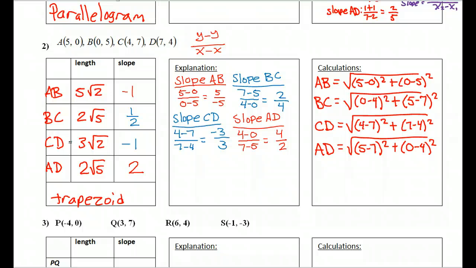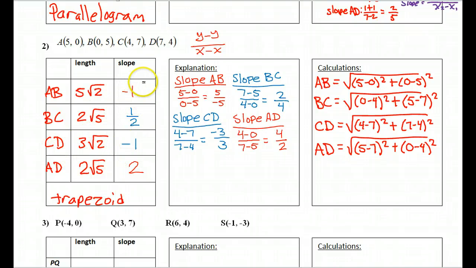So if this is a trapezoid, the definition of a trapezoid is it has exactly one pair of parallel sides. And we can see the parallel sides are right here. Okay, see the negative 1 and the negative 1? The same slope means that these lines are parallel.